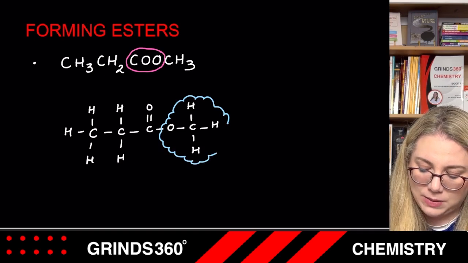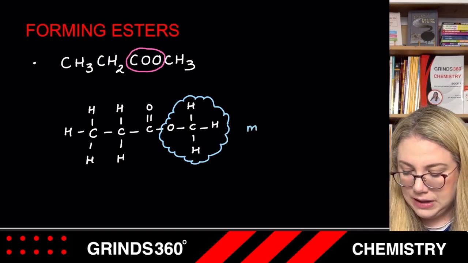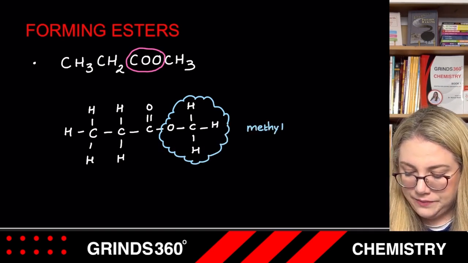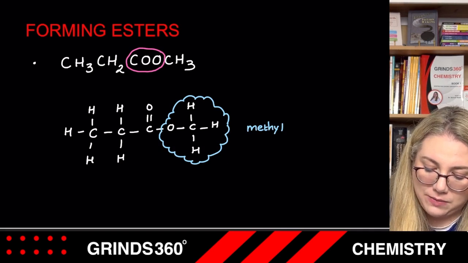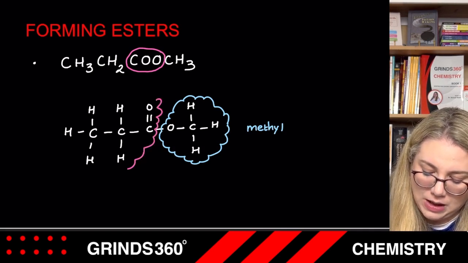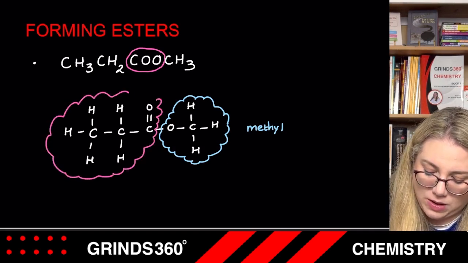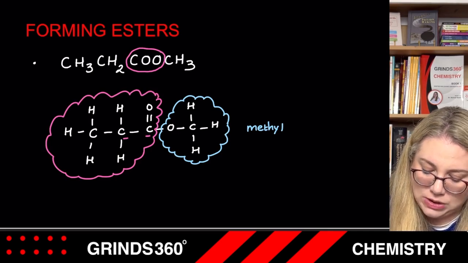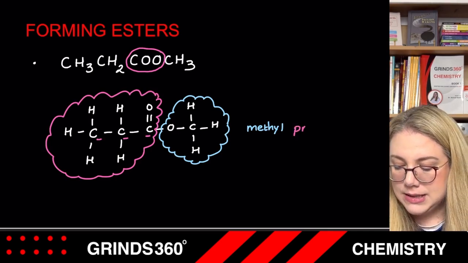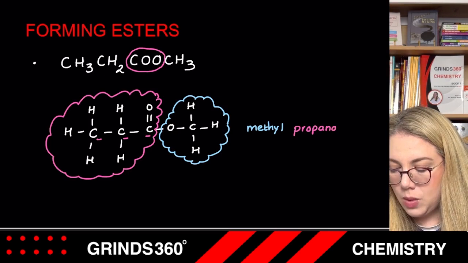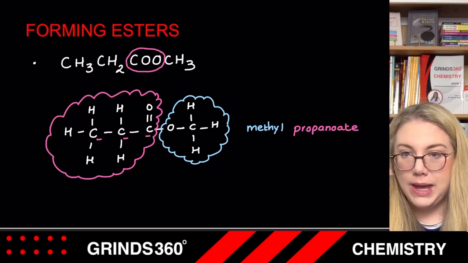It's this bit here with the single bond to the oxygen. This is methyl. Then we highlight the part that came from the carboxylic acid, which is this bit here with the COO. And it has 1, 2, 3 carbons. So it's methyl propanoate.